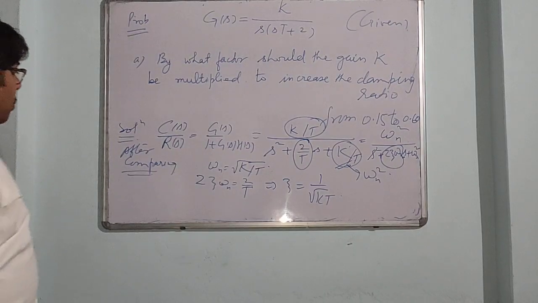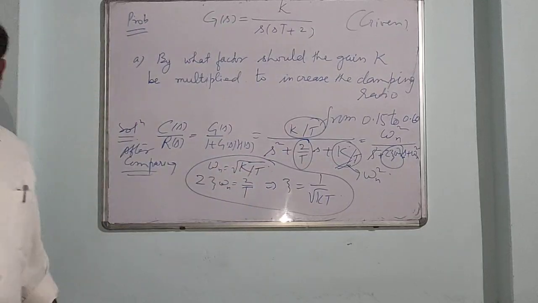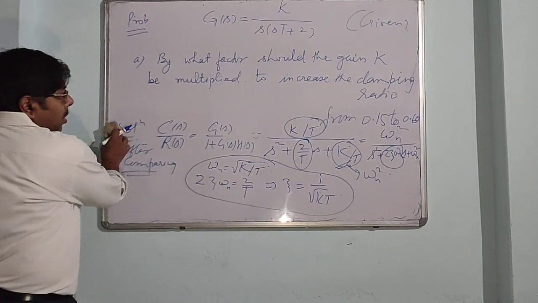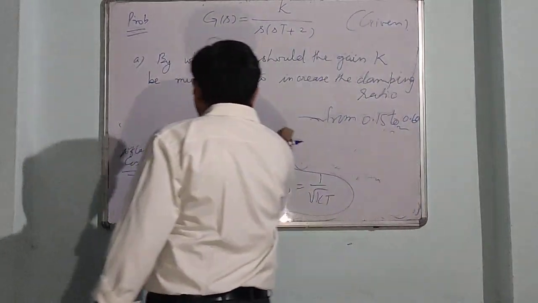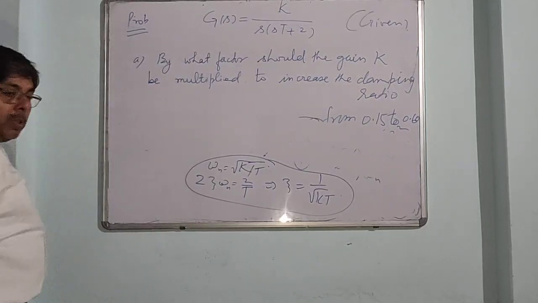So these two values, omega n and zeta, are important. From here we can find out related values.